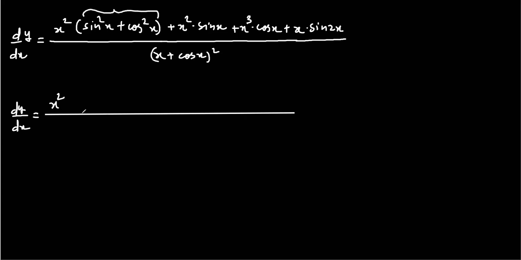Okay, so x square into 1 is x square plus x square sine x, plus x cube cos x plus x sine 2x, and divided by x plus cos x the whole square.